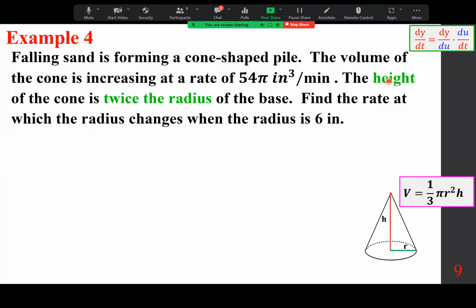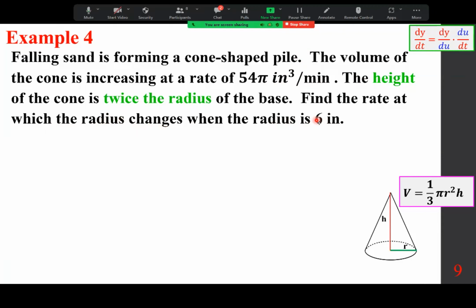The height h is equal to 2r. Find the rate at which the radius changes. Find dr dt. At what point?